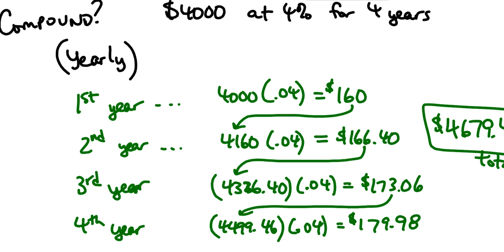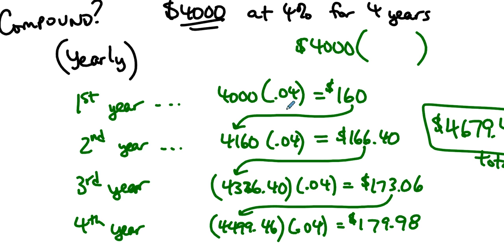Now, that's a lot of work, and we can simplify that mathematically. We can say we're investing $4,000. Now, this 0.04 is multiplied there, and then we add it back on.